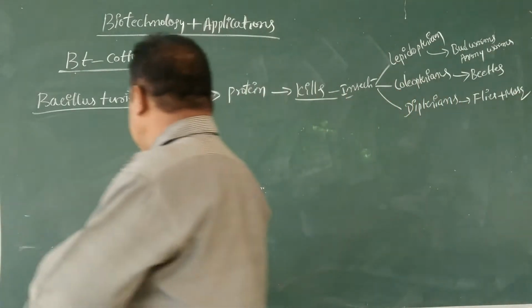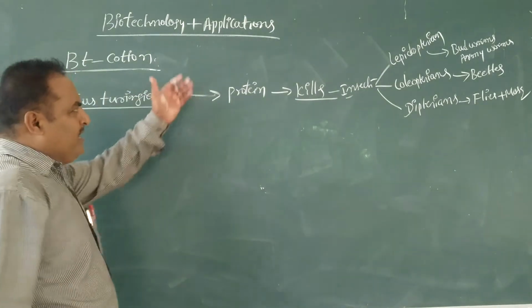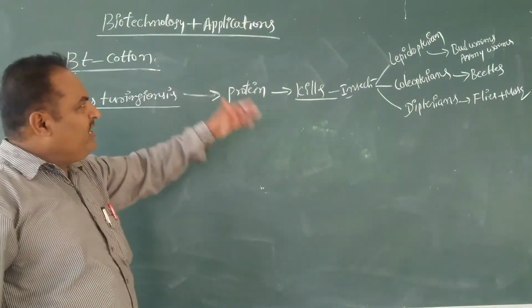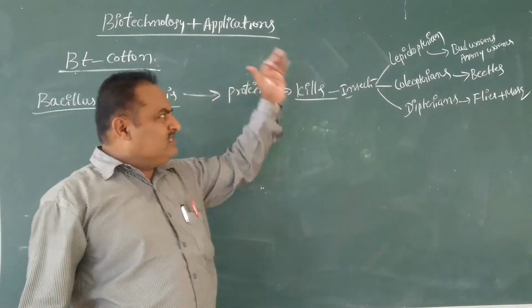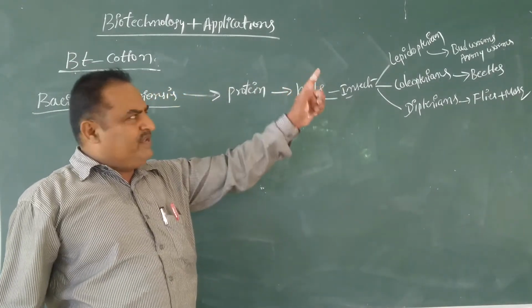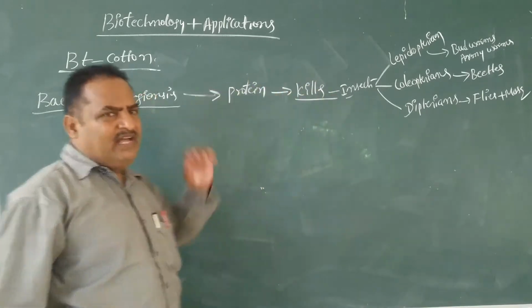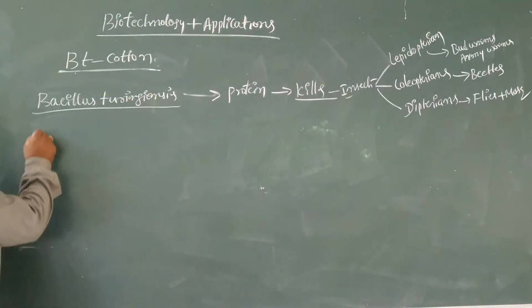Usually, Bacillus thuringiensis is the bacterium that produces a protein in its metabolism. That protein kills some insects like lepidopterans, coleopterans, and dipterans.